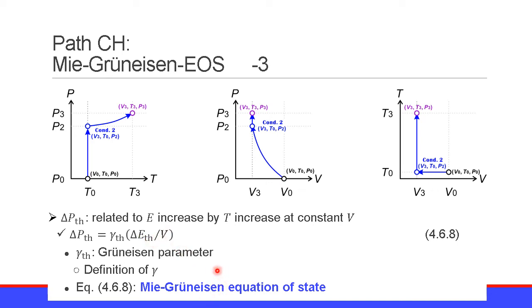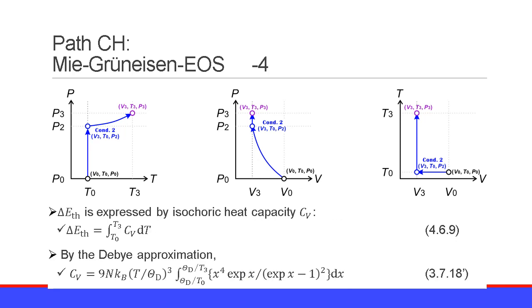This equation is referred to as the Mie-Gruneisen equation of state. The increase of thermal energy is simply expressed using the integration of the isochoric heat capacity CV from T0 to T3.